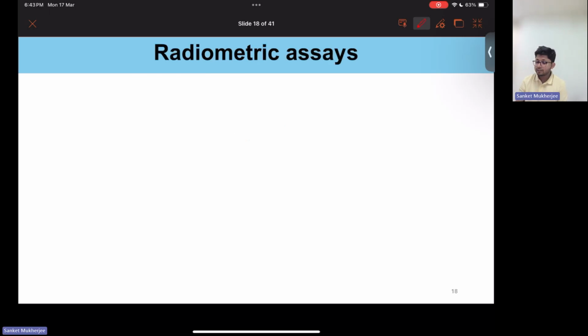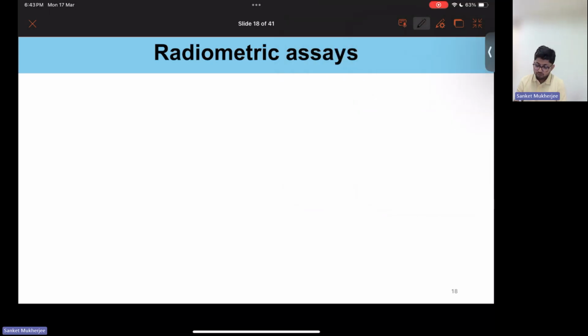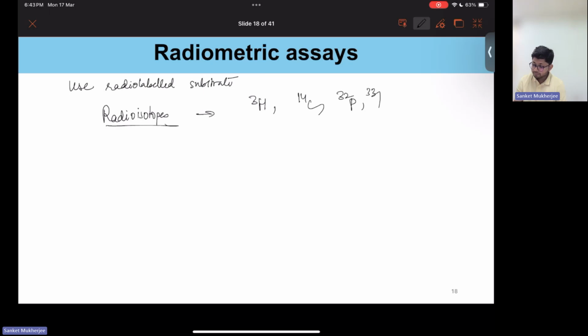Then there are radiometric assays as well. In this assay, what happens? We use radiolabeled substrate. Usually radioisotopes are used because availability of a substrate is a problem. Like hydrogen 3H, 14C, 32 and 33P, 35S.